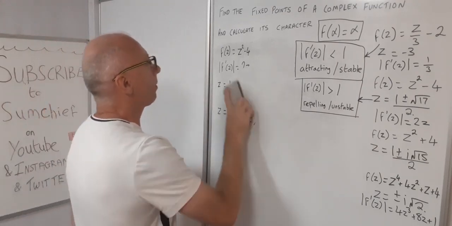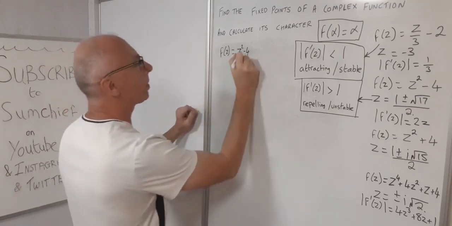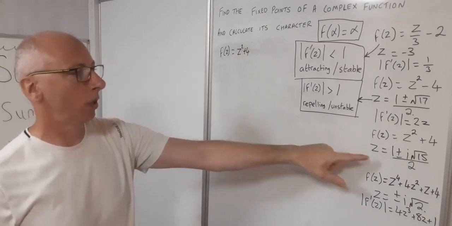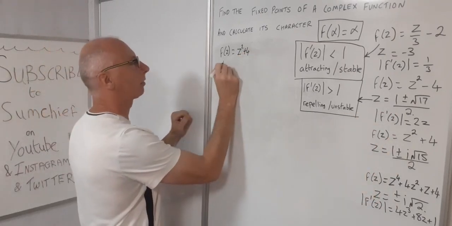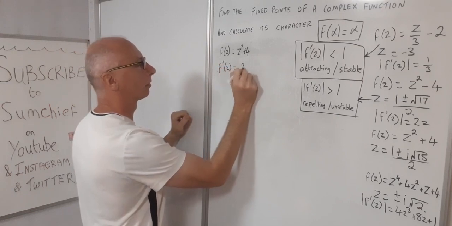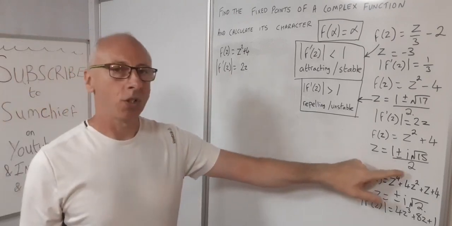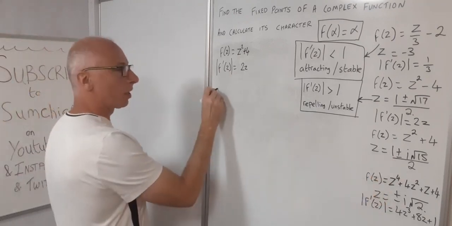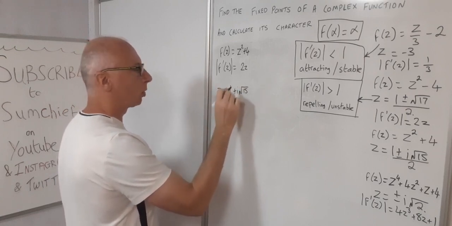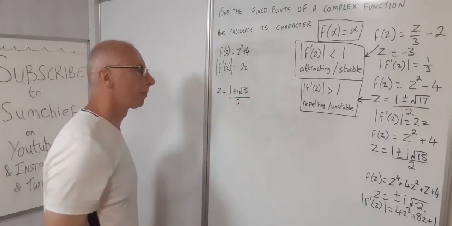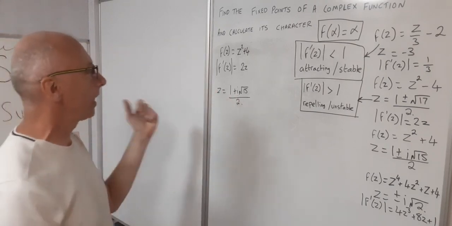Okay, let's have a look at the next function. Again, our f of z this time is z squared plus 4, and our derivative was 2z. Now let's check these absolute values. For z equals (1 plus i root 15) over 2, because we've got an i in there, we could just plug in a 1 when taking the absolute value.